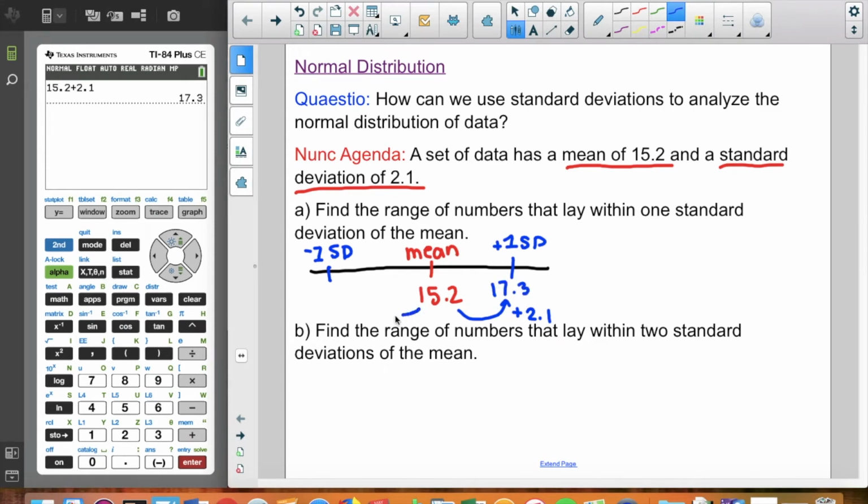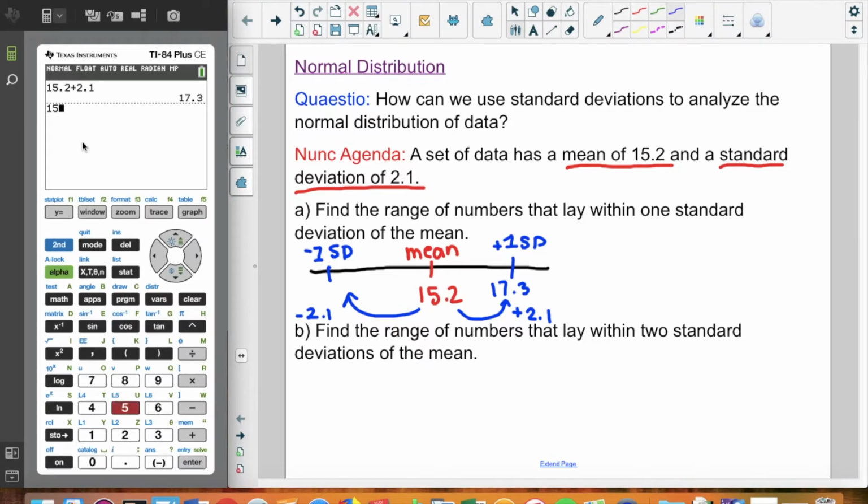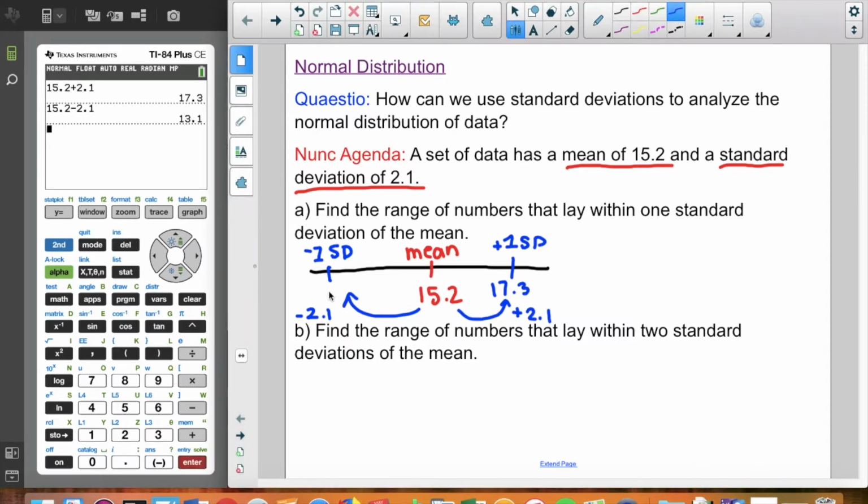Now to go in the opposite direction, we have to subtract 2.1. So we have 15.2 minus 2.1, and we get 13.1. Our range of values is from 13.1 to 17.3.